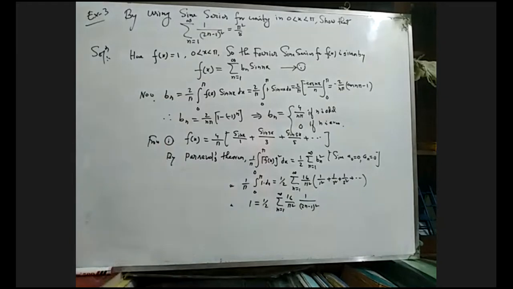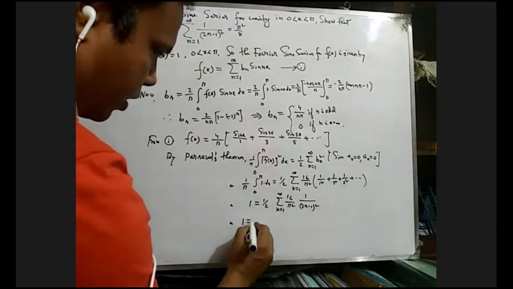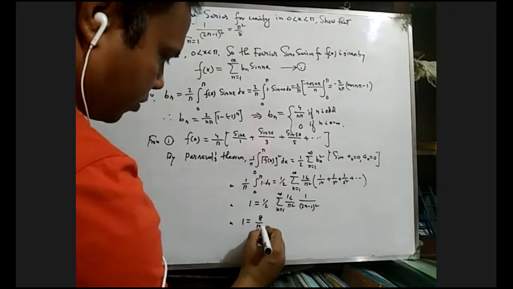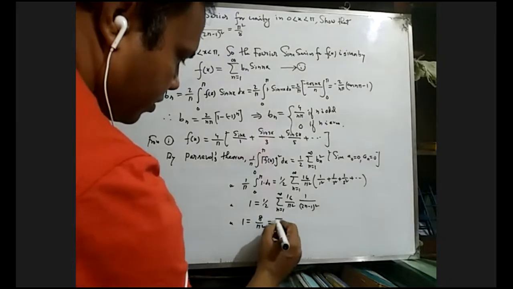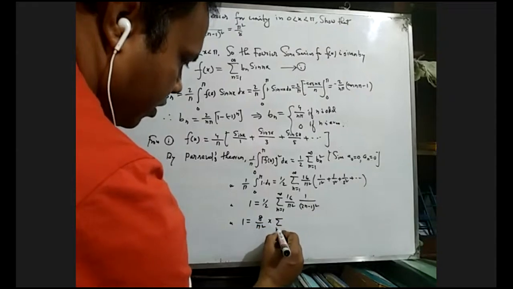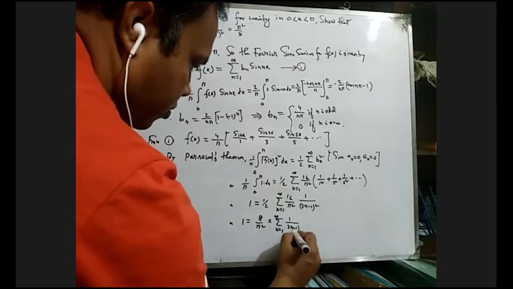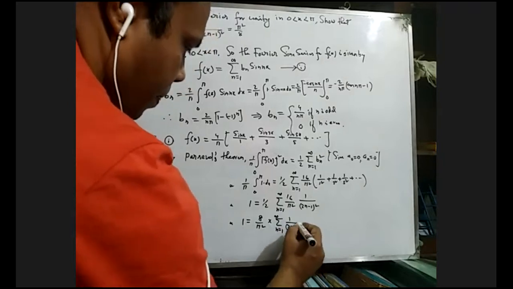So actually 16 and 2 will be cancelled from both sides. So we get 1 equals to 8 by pi square into summation n equals to 1 to infinity 1 by twice n minus 1 whole square.